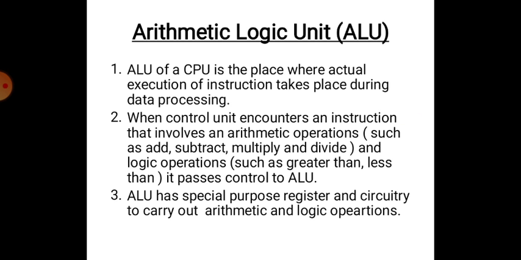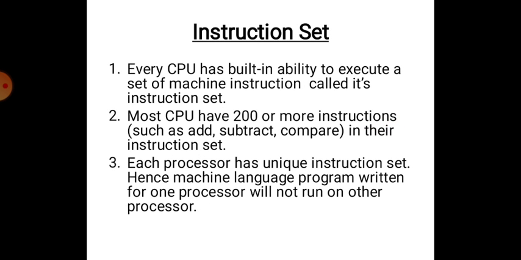Students, when there are any arithmetical logic operations, the control is going to ALU. Point number 3. Arithmetical logical unit has special purpose register and circuitry to carry out arithmetic and logic operations. So there is special circuitry which will help us to carry out arithmetical and logical operations.